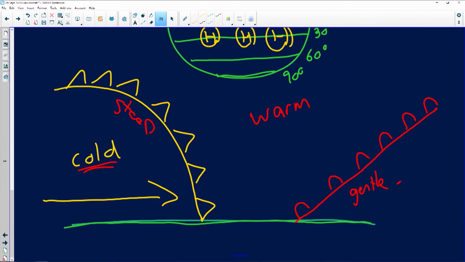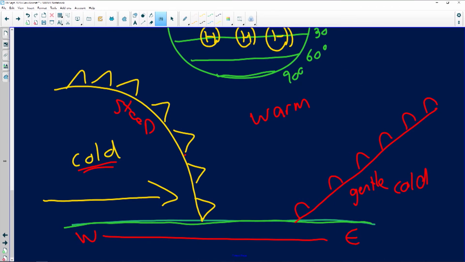Now remember, this whole system moves from west to east. Like I've mentioned to you, it's like cops and robbers. This cold front over here tries to catch up with the warm front. I've mentioned to you there's only two ways that air can rise: when we experience very warm conditions or when the air is being forced to rise. In this case, the air is being forced to rise by cold air.